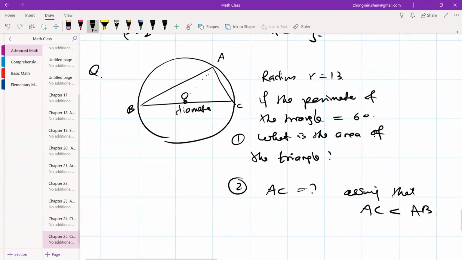BC is clear. BC is 26. You know that, right? BC is on the diameter. That's two questions here. Maybe you can answer the question directly at the same time.